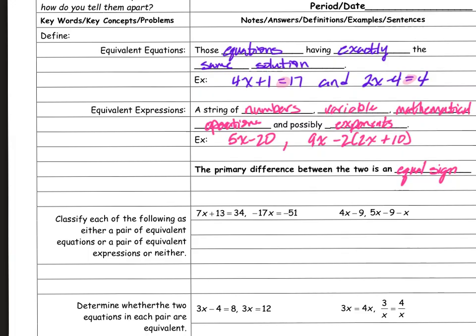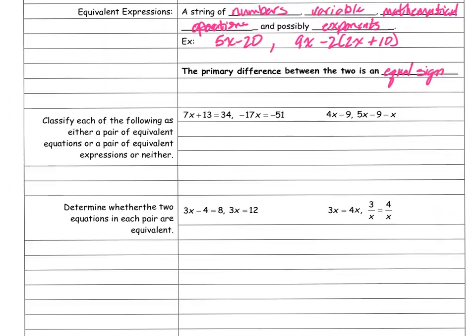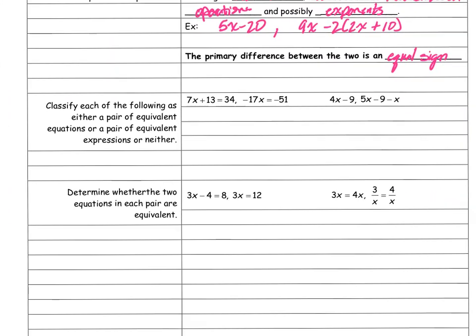Now we're going to do some problems. It says classify each of the following as either a pair of equivalent equations, a pair of equivalent expressions, or neither. So we have to decide if they're an equation or an expression, and then we have to decide if they're equivalent or not.